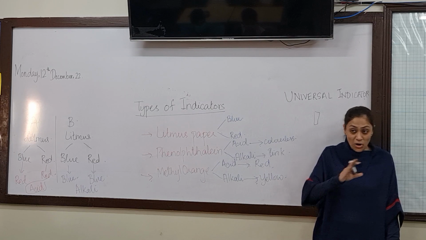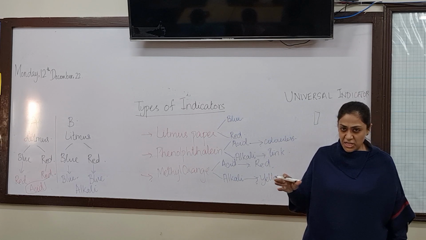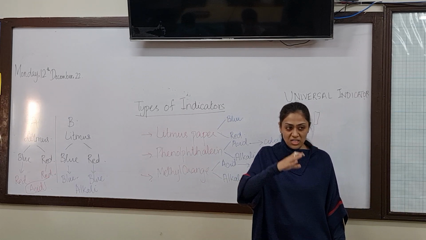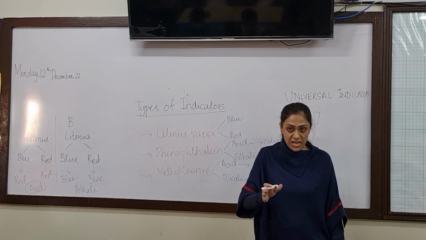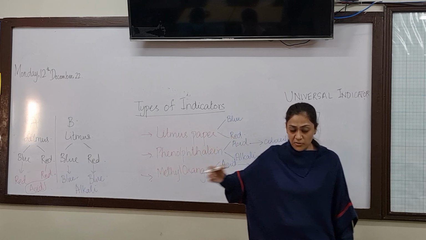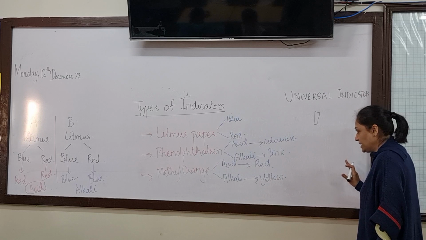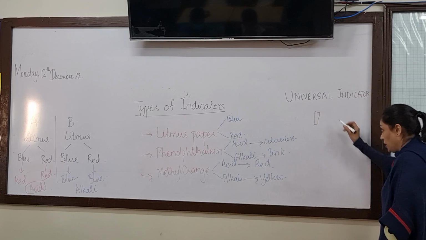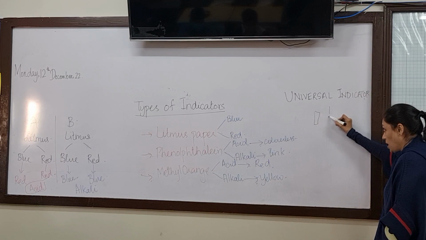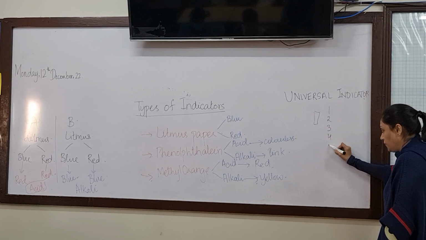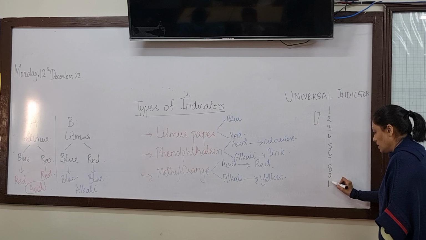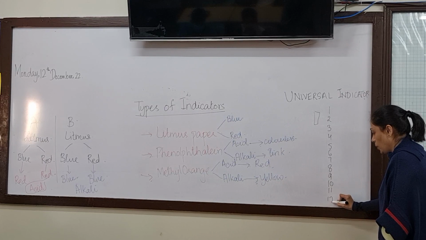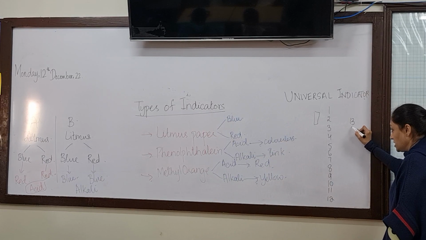समझ आ गई? और इसी तरह से the range of the colors changes from red, orange, yellow, and then green, and then blue, and then different changes. So that is how we will get an idea, for example, I'm going to write 1, 2, 3, 4, 5, 6, 7, 8, 9, 10, 11, 12, 13 and 14.